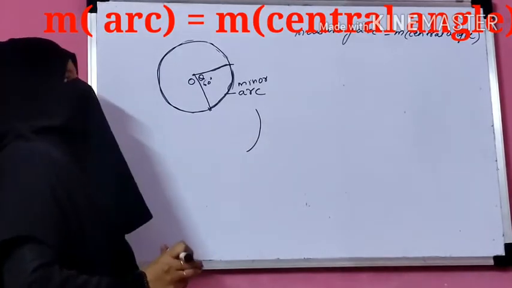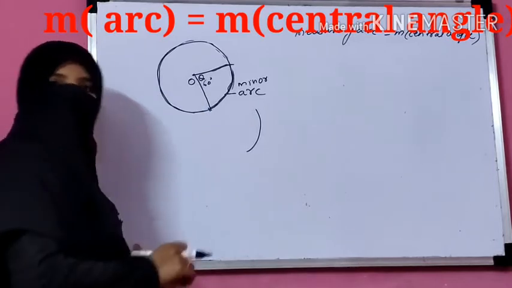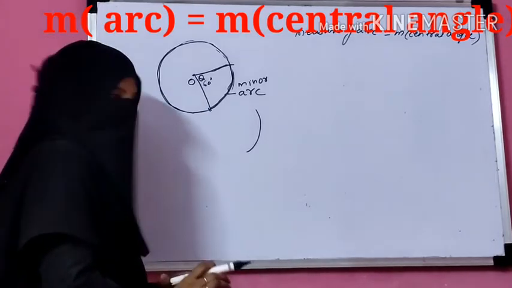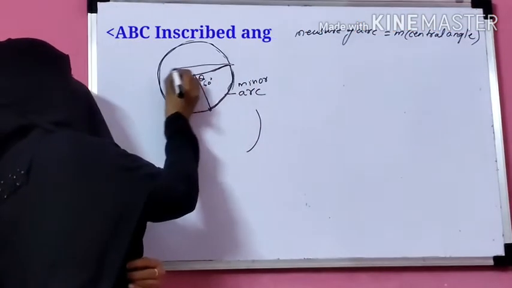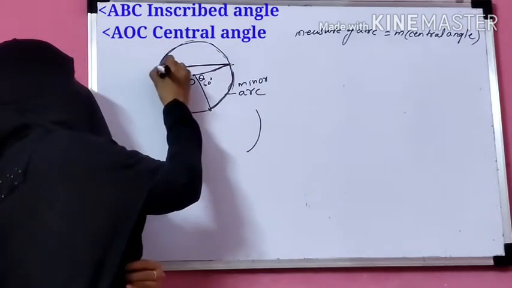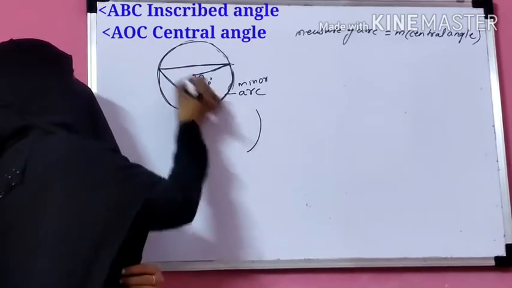So the measure of an arc can be found with the help of the measure of the central angle. This is called the central angle. Now the next is the angle whose vertex lies on the circumference of the circle, which is called the inscribed angle.